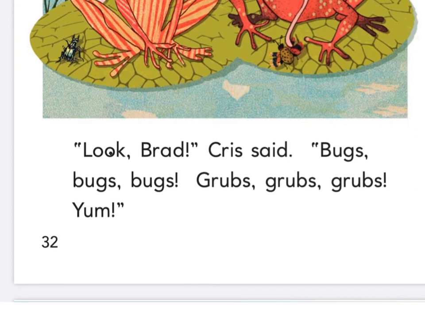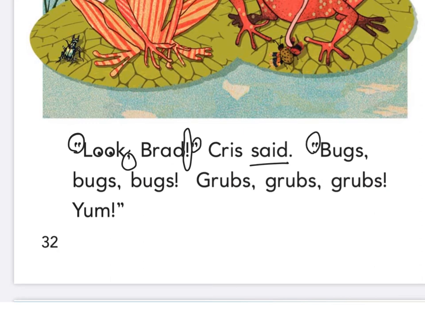Why do I like to draw eyeballs in those O's? It's the word look. You're right. I see quotation mark, comma, exclamation mark, quotation mark. Whoa, that's a crazy sentence. Someone must be really excited in that sentence. Okay. Look, Brad, Cris said. Okay, there's that word said.